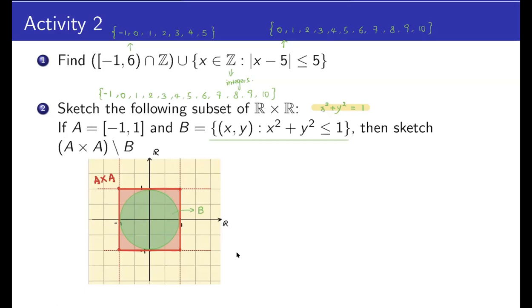Now they want you to sketch this, which means we want the red part, but not the green part. So let's copy this part and do it again.